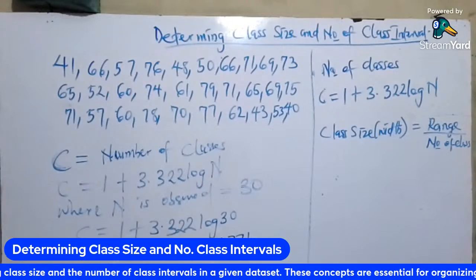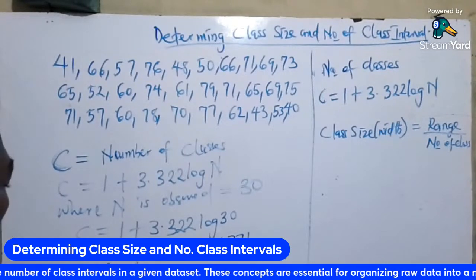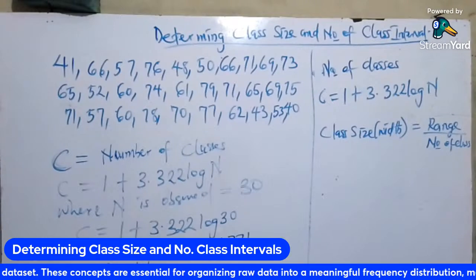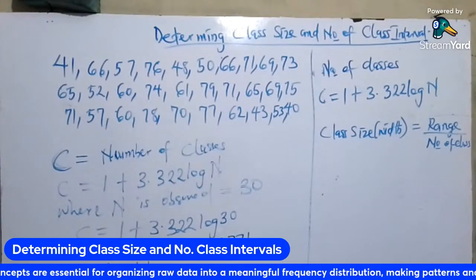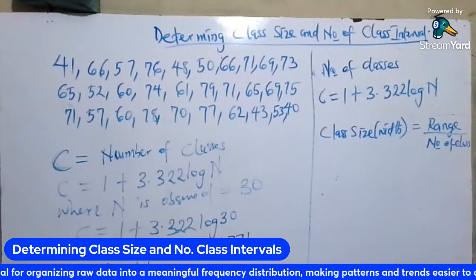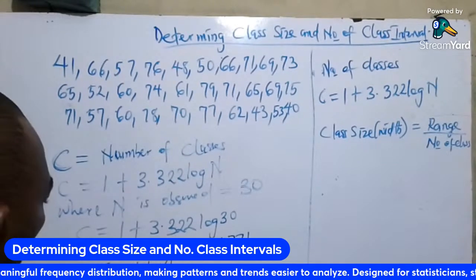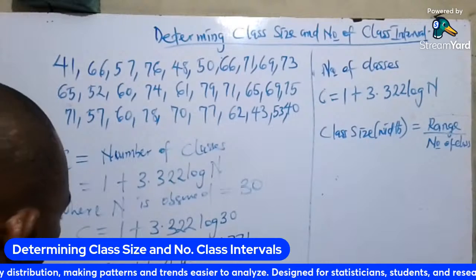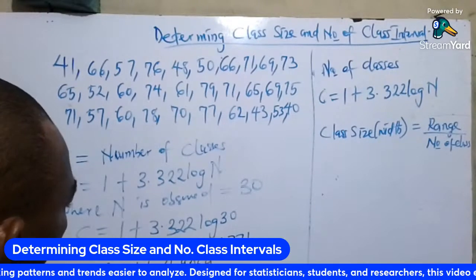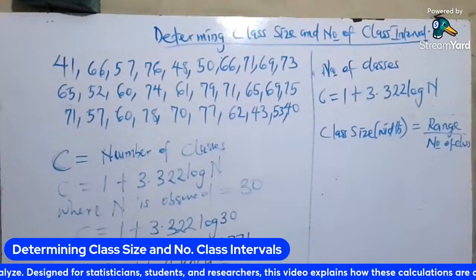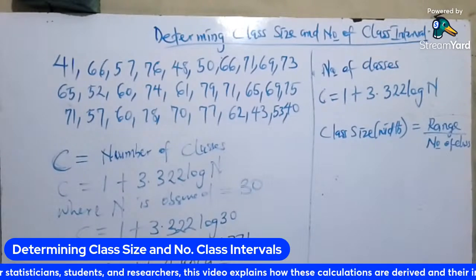So you now multiply by your log 30. That means C equals 1 plus 3.322, which is a constant value, multiplied by 1.4771. That will give me 4.9069.